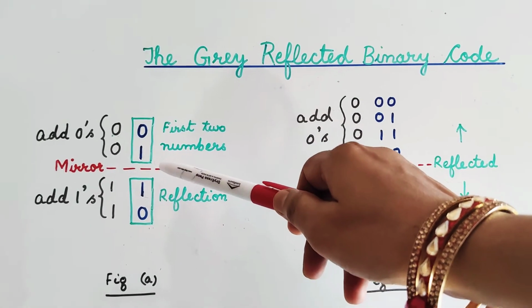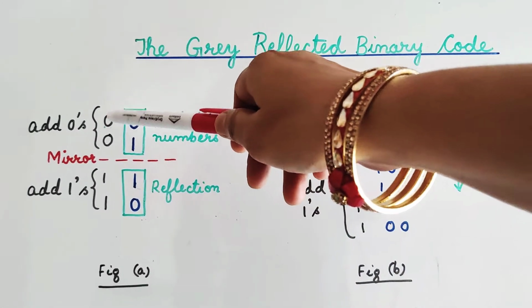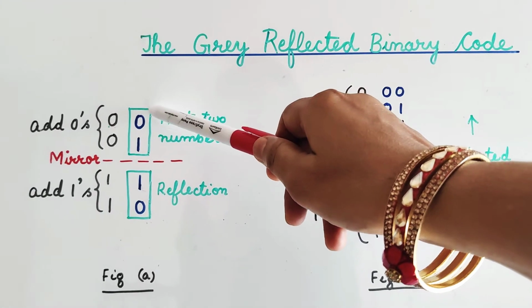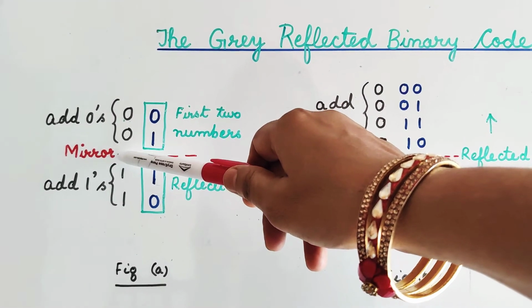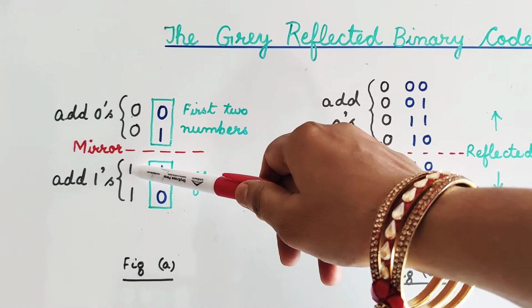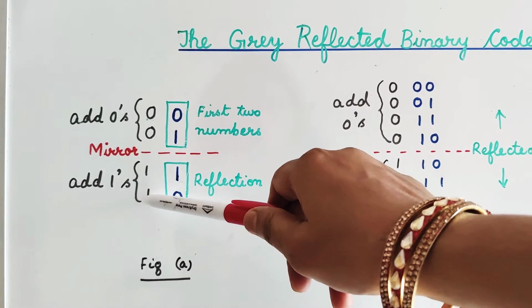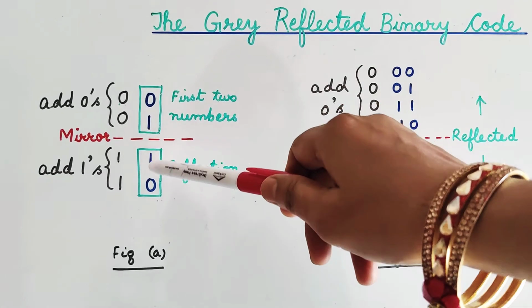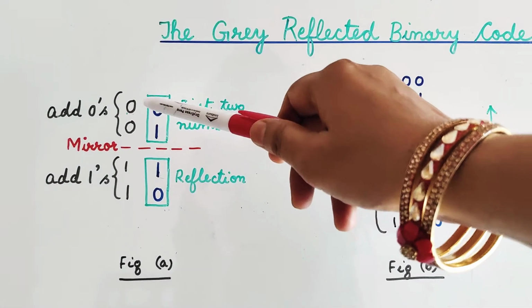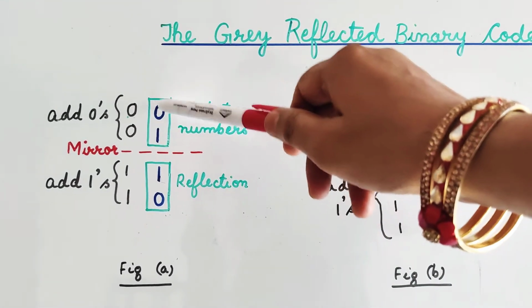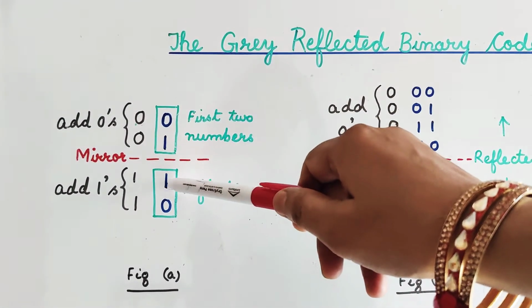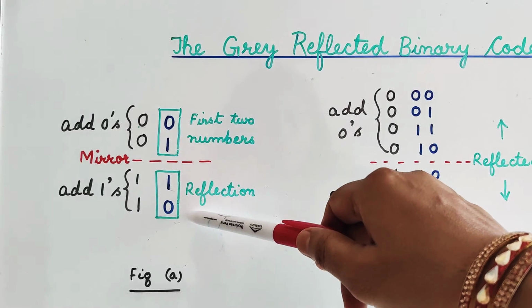Now we will add zeros before the digits 0 and 1, and below the mirror we will add ones before the digits 1 and 0. So now the numbers come out to be 00, 01, 11 and 10.